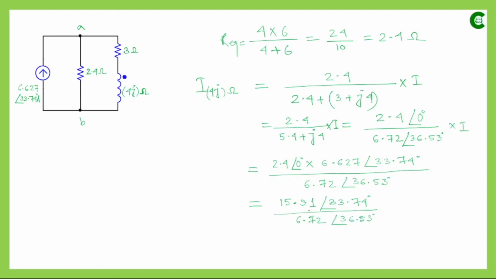Since again we want to divide two values which are given in polar format, so simply we will divide the r values, and the angle values we will subtract from each other. So 15.91, if we divide by 6.72, it will be 2.37, and the angle value is 33.74 degree. From there, if we subtract 36.53, then it will be 2.79 degree.